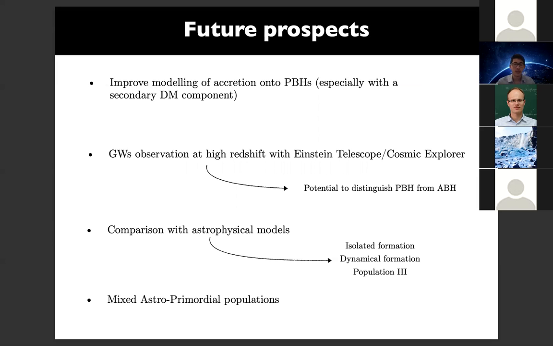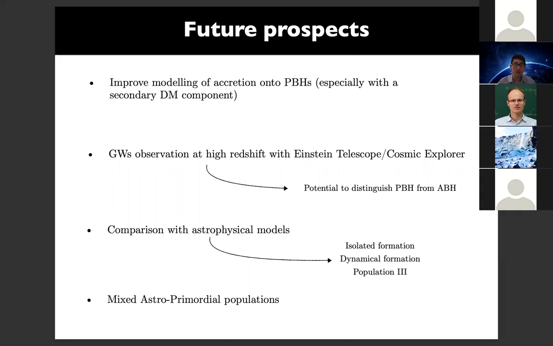And then it would be nice also to compare the primordial scenario with the astrophysical models, which may explain these events. The best known scenarios are isolated formation in the galactic field, dynamical formation in high density environments like clusters, or also Population III.